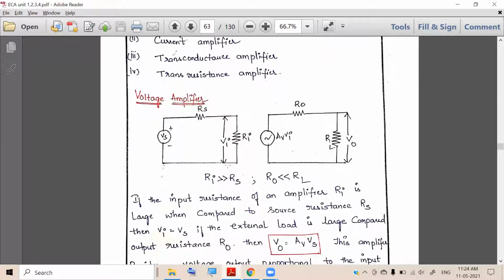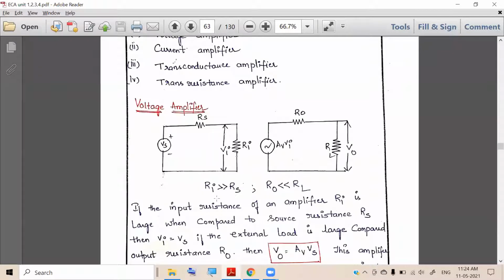So what happens if Ri is much greater than Rs? If this resistance is much greater than this resistance, and this is the same loop, then obviously Vi will be much greater than the loss here.